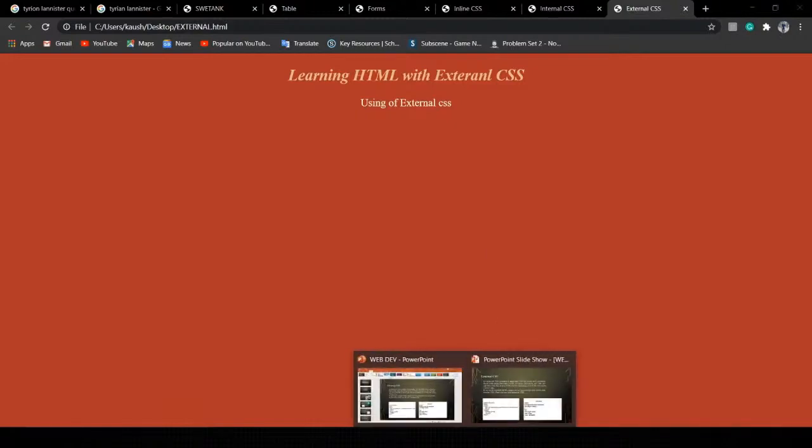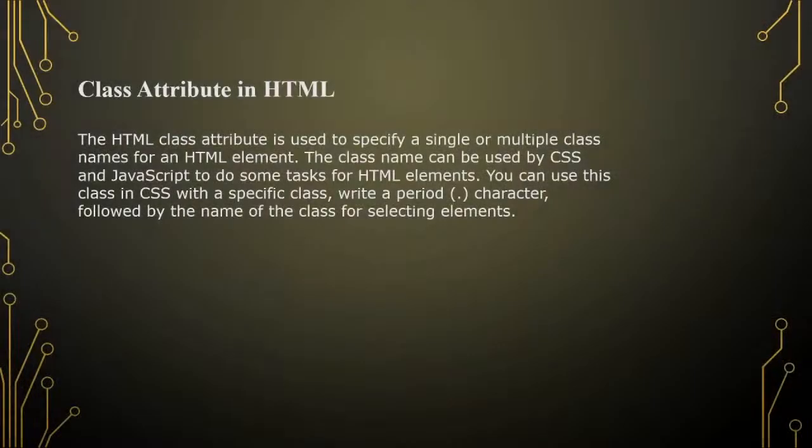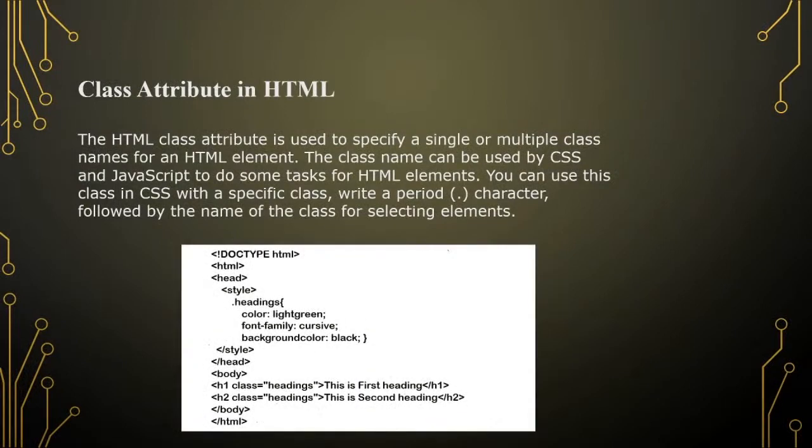Now coming to our next topic, we are going to see about class attribution in HTML. Let's get to class attribution in HTML. The HTML class attribute is used to specify a single or multi-class name for an HTML element.